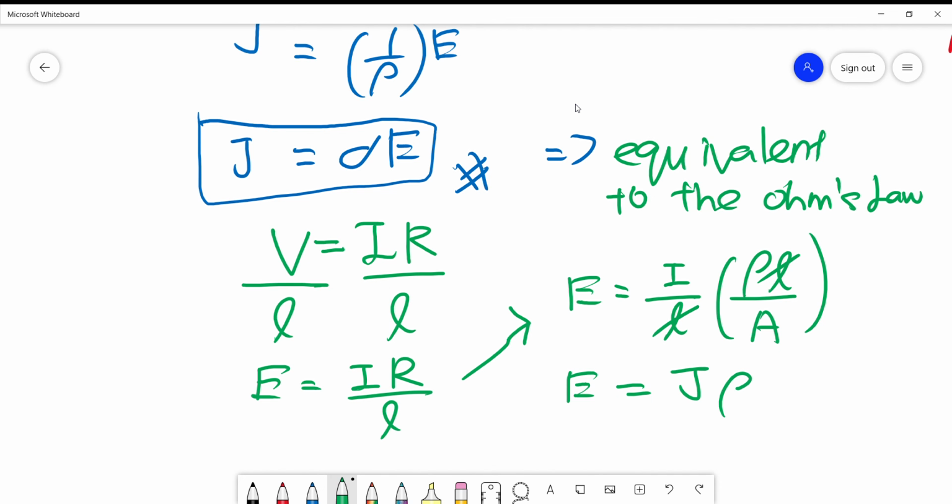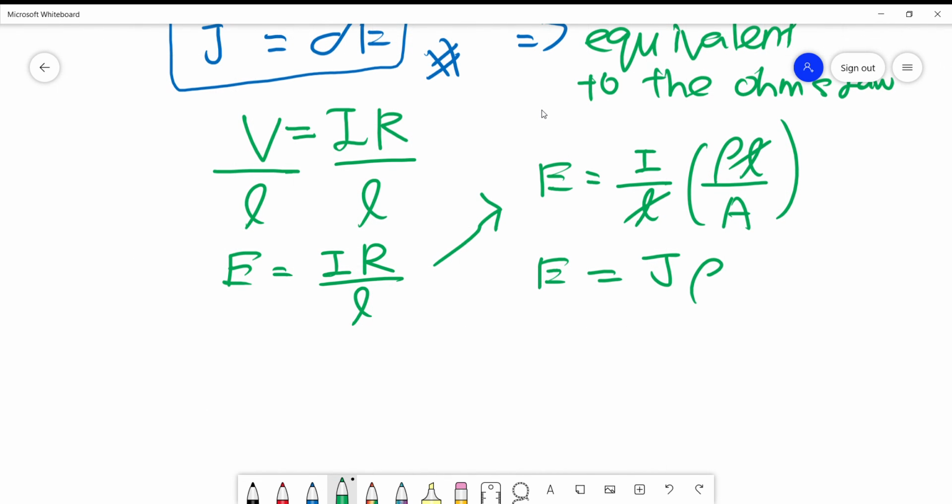As we learned from the previous parts, the resistivity is the reciprocal of the conductivity, which is 1 over sigma. So finally what I can do is move this sigma to the other side.